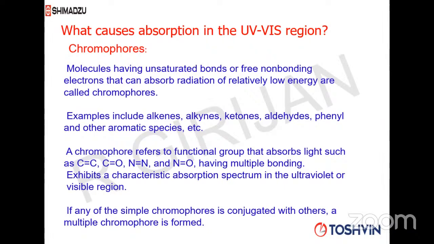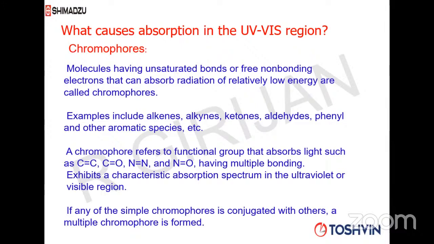So any molecule having unsaturated bonds or free non-bonding electrons that can absorb radiation of relatively low energy is called a chromophore. It can be considered a functional group. Examples include alkenes, unsaturation; alkynes, triple bond systems; ketones, carbonyl compounds; aldehydes, the CHO functional group; phenyl compounds, the benzene ring, and all other aromatic species.